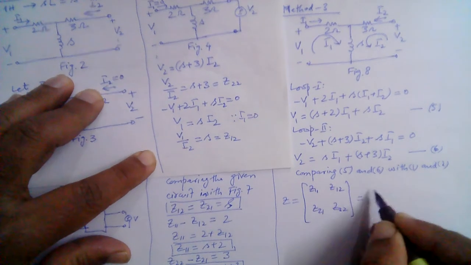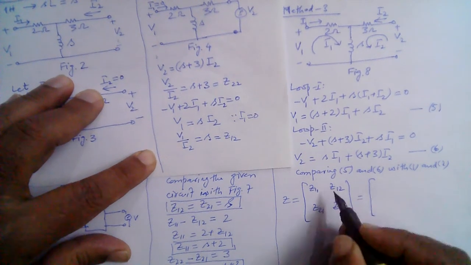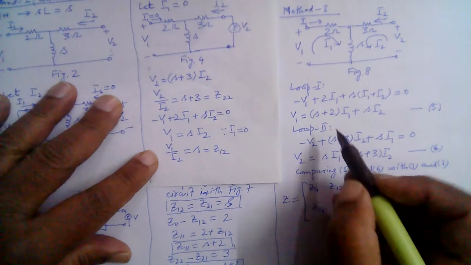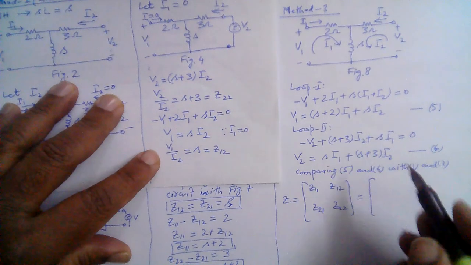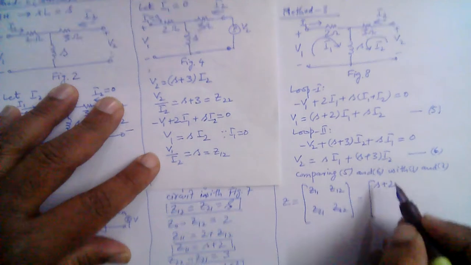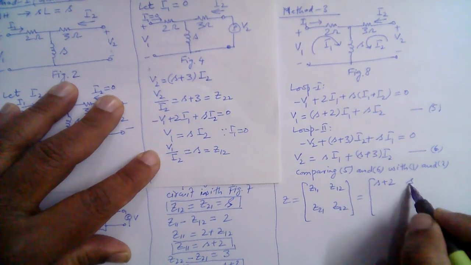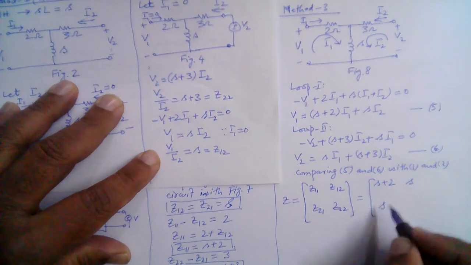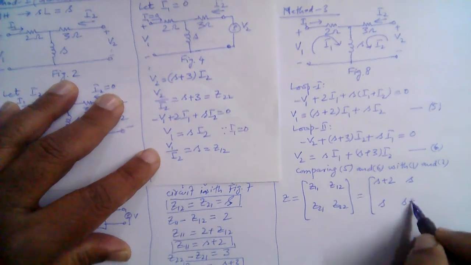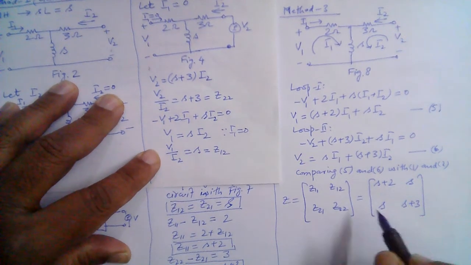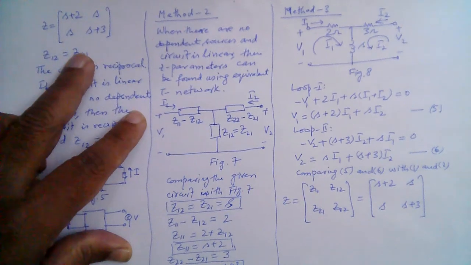Z11 here is S plus 2, then we have Z12 equal to S, Z21 is S, and Z22 is S plus 3. So this is the same answer that we obtained earlier.